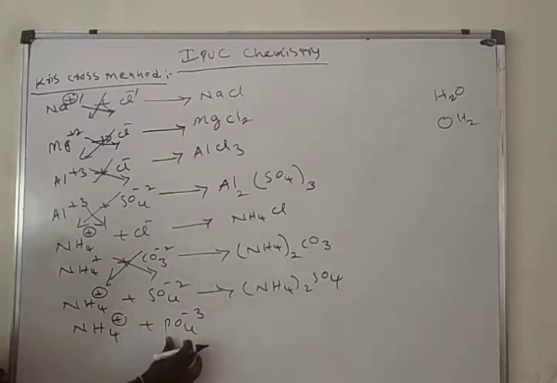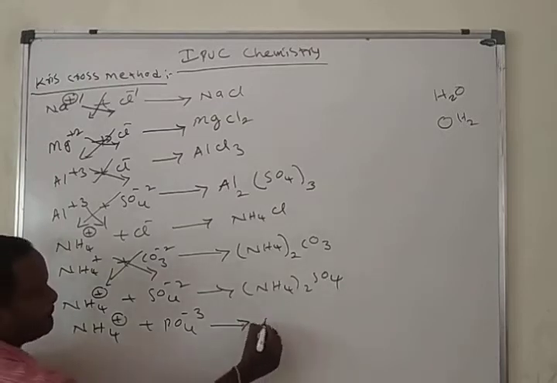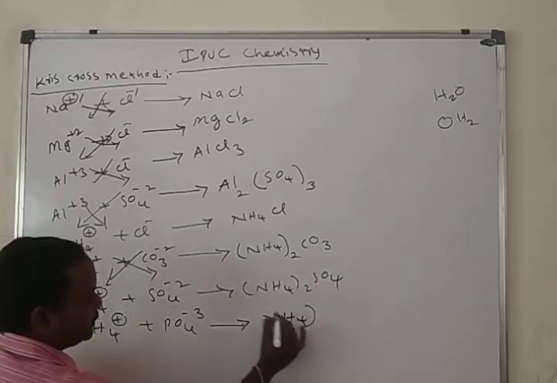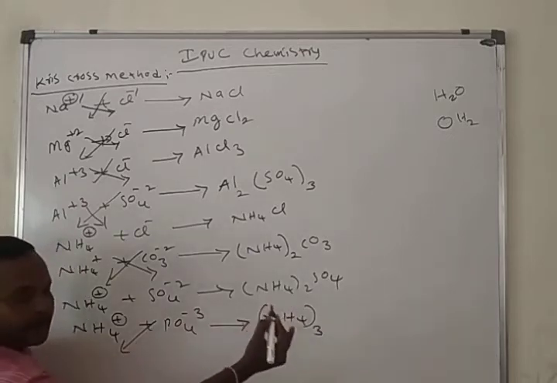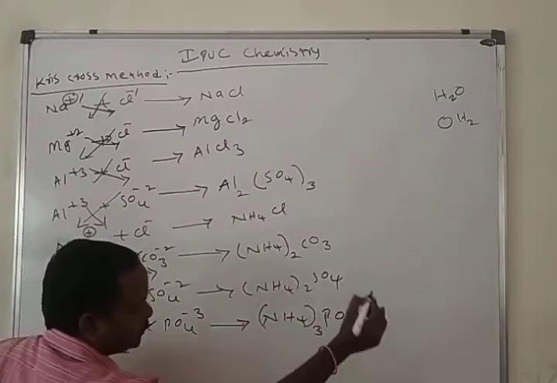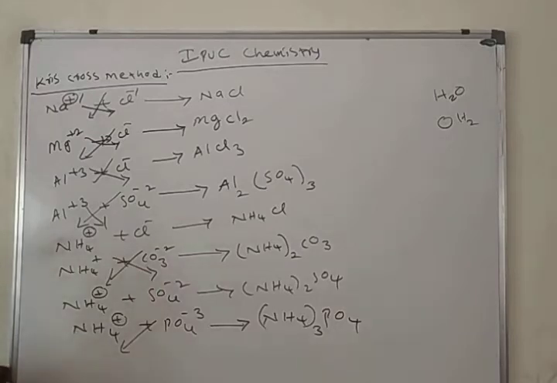What is this PO4 minus 3? Phosphate. Here NH4, what is there here? 3. Then PO4. Ammonium phosphate. Ammonium sulfate, ammonium carbonate. You write any one.